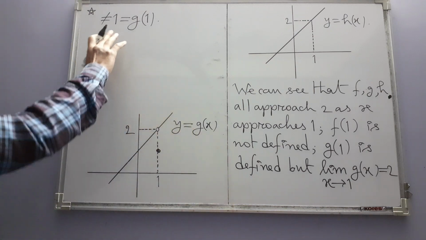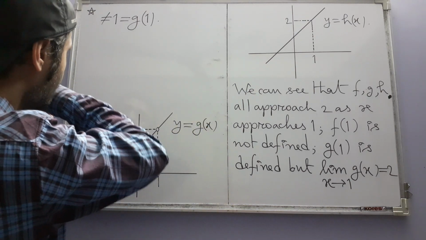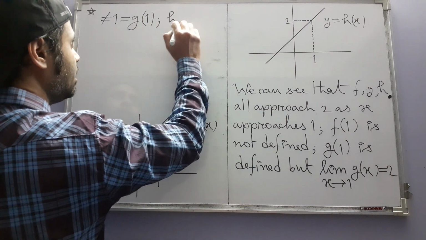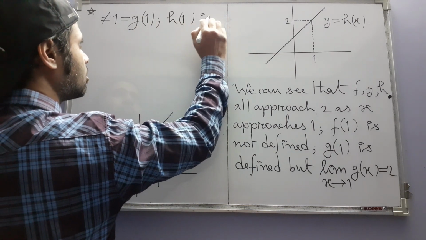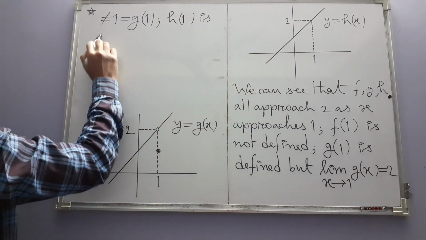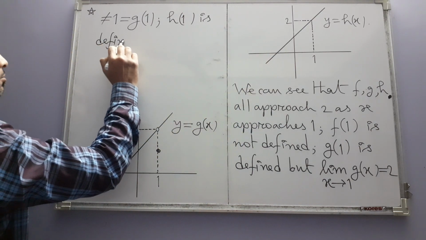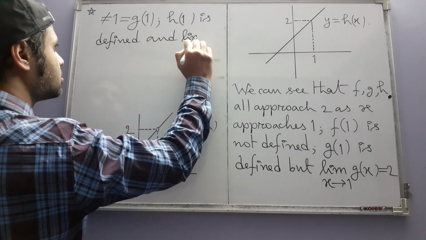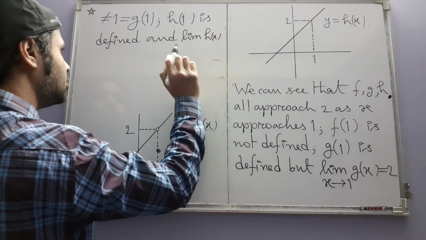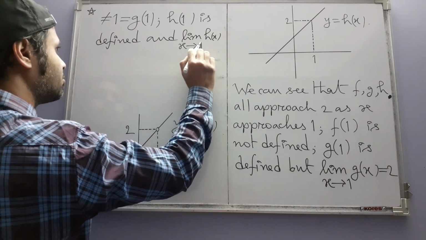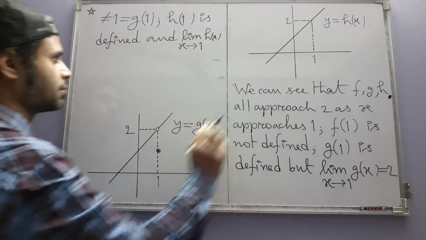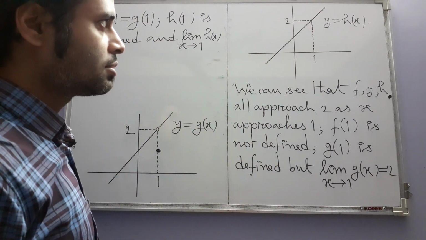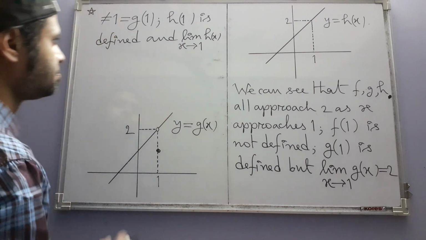Here it is there, but it's different from the limiting value. h of 1 is also defined, and in this case the limiting value at 1 and the value of the function at 1 are both equal, and both of them are equal to 2, because h of 1 is 1 plus 1, that is 2.